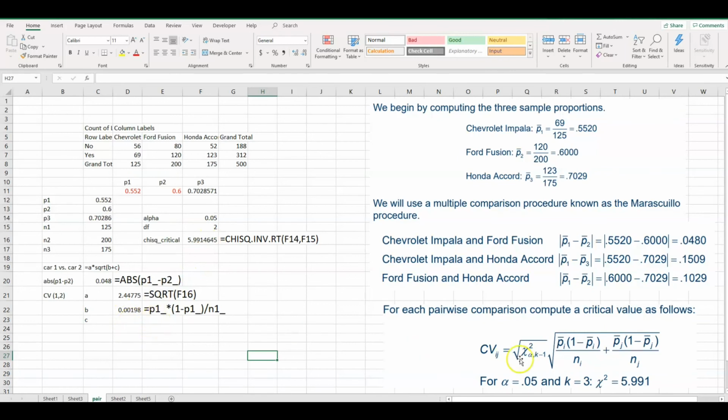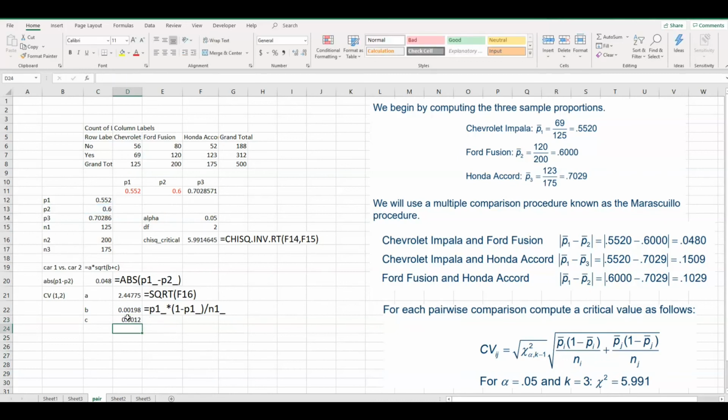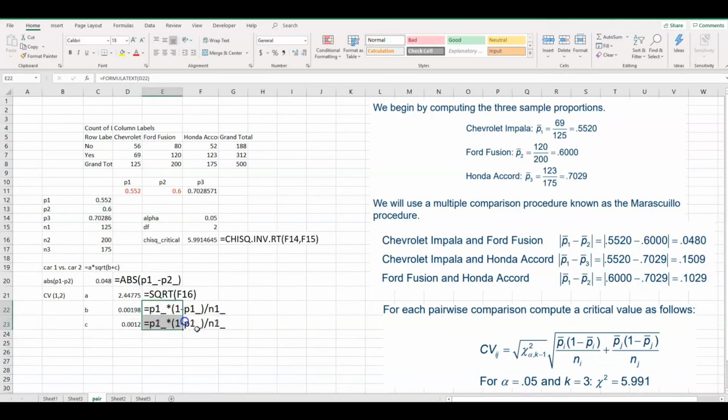B, according to this definition, is P1 times 1 minus P1 divided by N1. Now C, same thing: P2 times 1 minus P2 underscore divided by N2 underscore. I'm going to copy. So the square root is of B plus C, where B is P1 times 1 minus P1 divided by N1, and C is P2 times 1 minus P2 divided by N2.